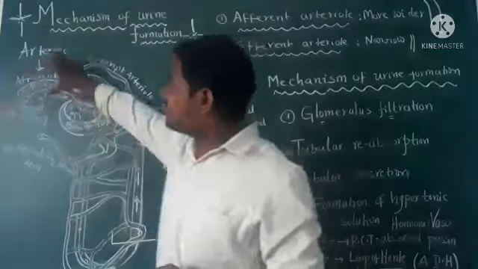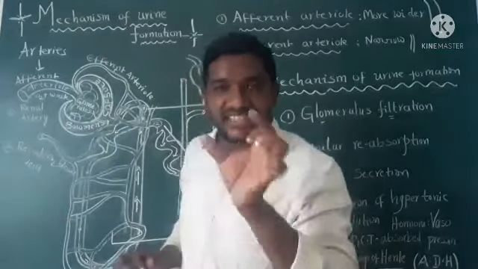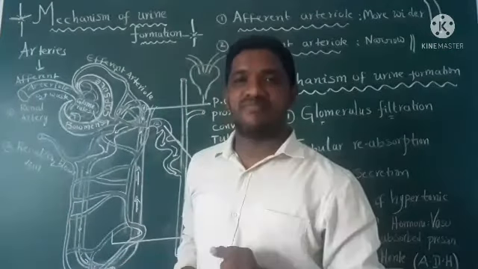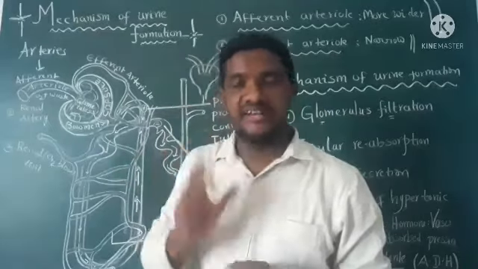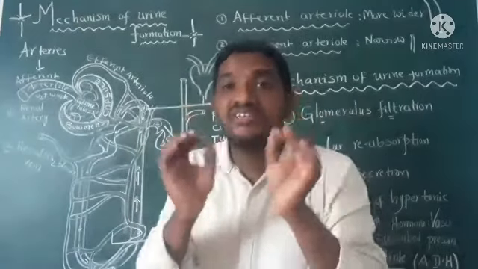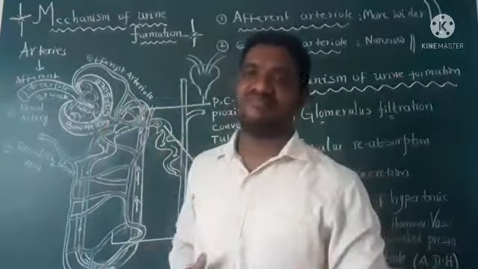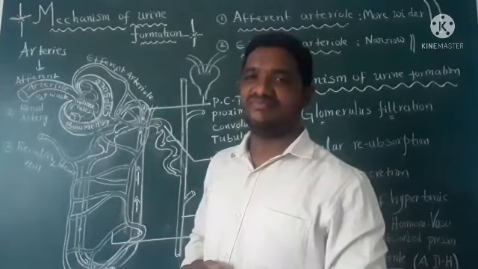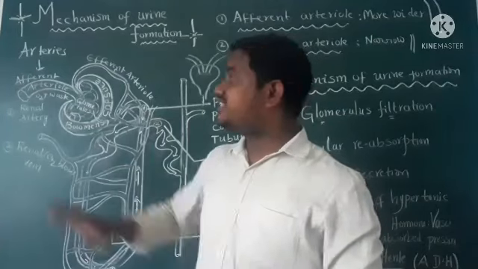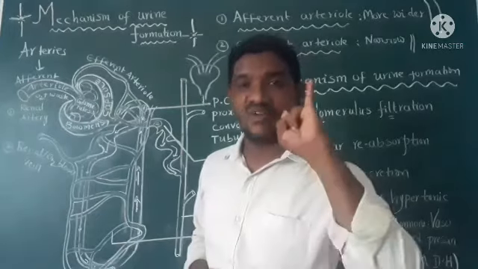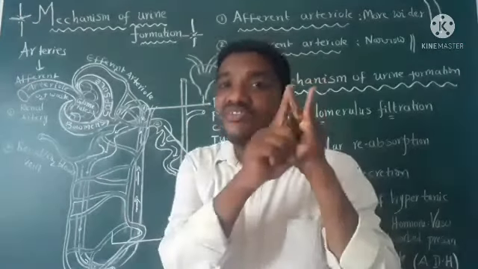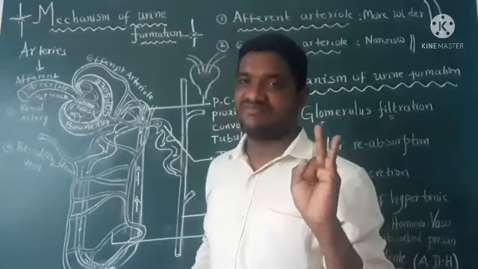So arteries contain oxygenated blood loaded with waste products. These pass to the nephrons. What are those? Oxygenated blood with waste products.